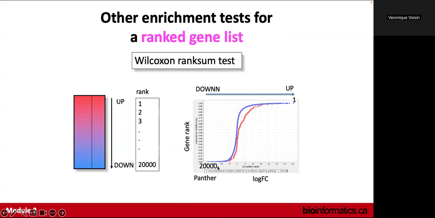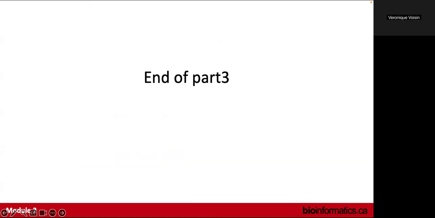We can see in red the distribution of the tested pathway, and we see that it's shifted to the right because the genes in this pathway are upregulated, and it's compared to the background population, which is in blue. So this ends part 3 of the lecture.